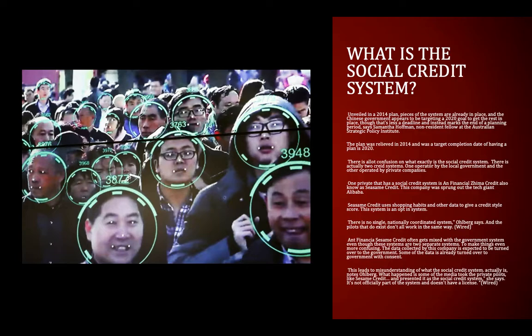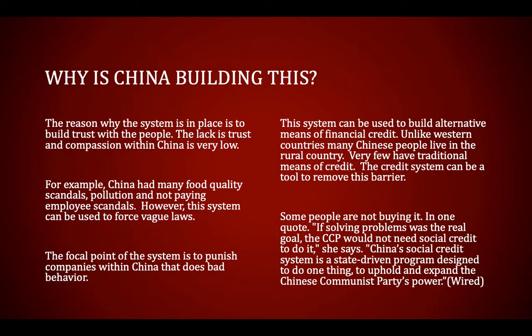What happened, notes Hoffman, is that some of the media took the private pilots like Sesame Credit and presented it as the social credit system. It's not officially part of the system and doesn't have a license. So basically there's just a lot of confusion on what the system is.